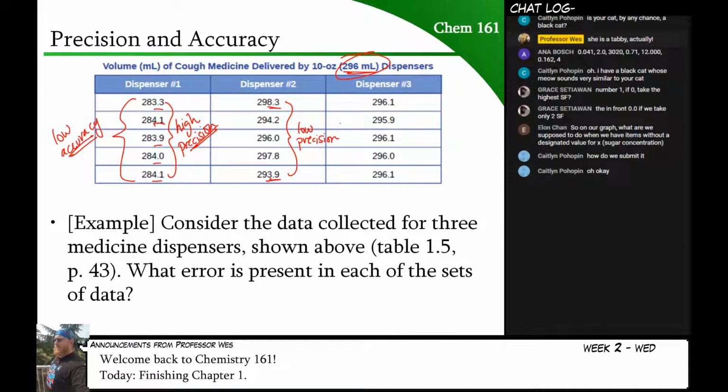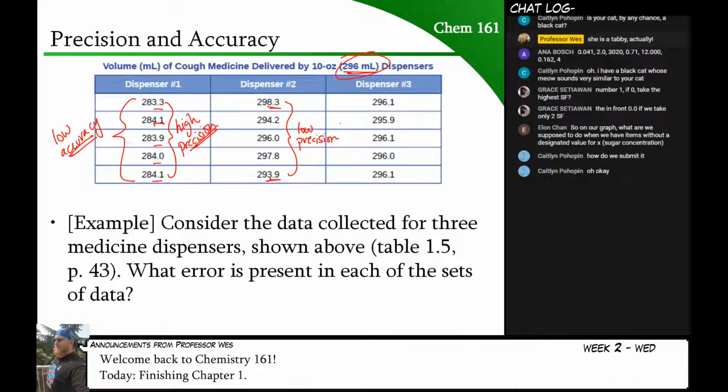However, if I were to take the average of all of these numbers, so I'll just punch them in the calculator, 298.3 plus 294.2 plus 296.0 plus 297.8 plus 293.9. I mistyped.